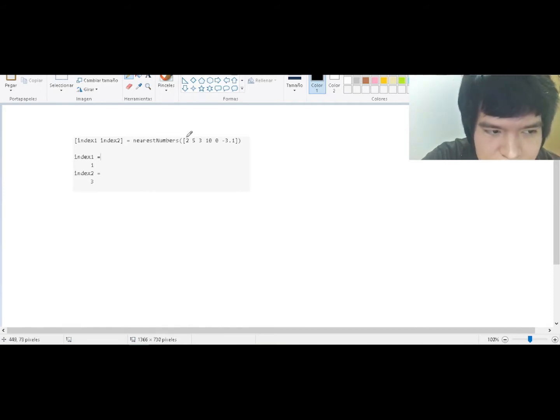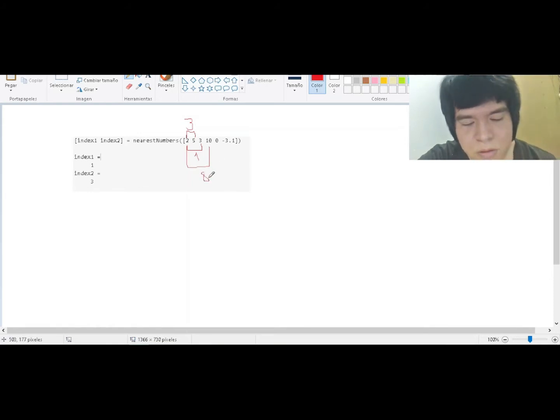So that means, for example, we take 2 and 5. The distance between those numbers is 3. And maybe 2 and 3, and the distance between these two numbers is 1. And then 2 and 10, and the distance between these numbers is 8.